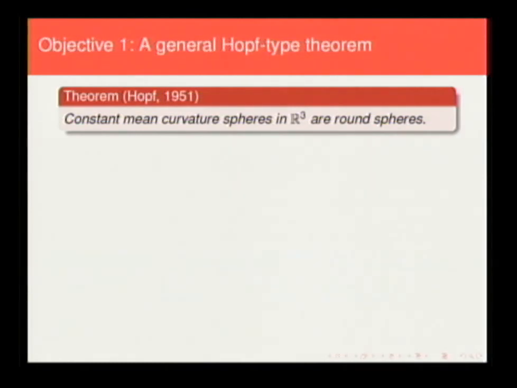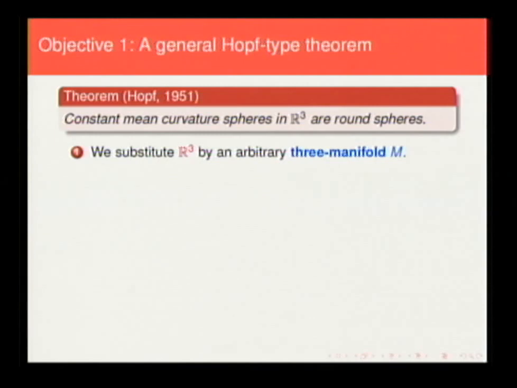Remember that the classical Hopf theorem says that the unique constant mean curvature immersed spheres in the Euclidean space are the round spheres. Our objective is to obtain a very general result in this way.